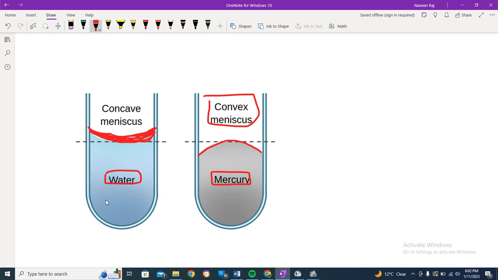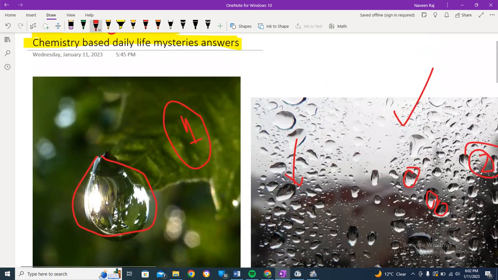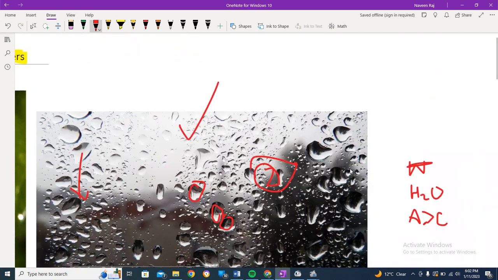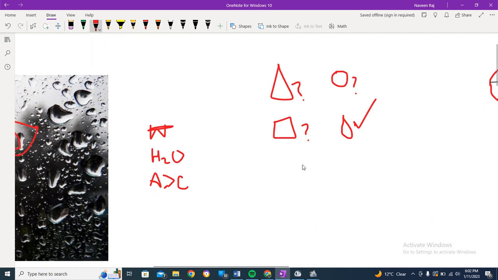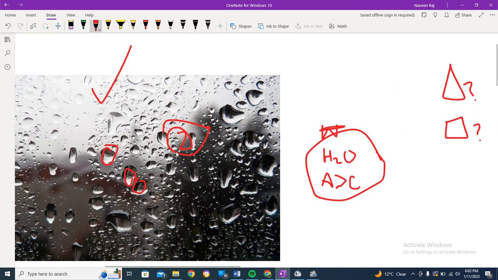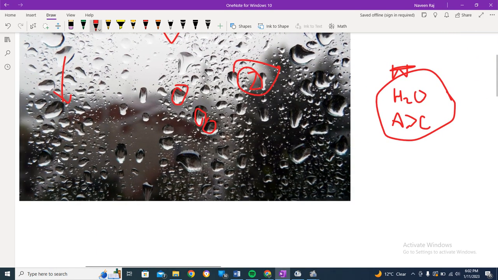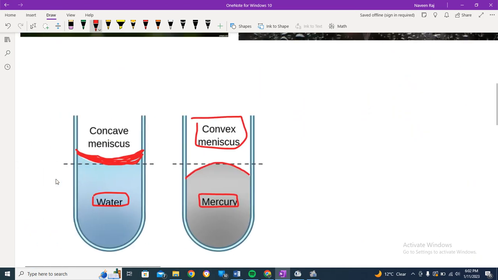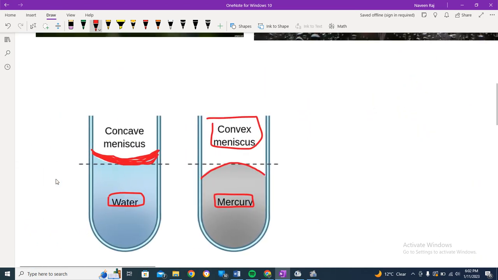If you haven't checked it out, do check it out and you will get to know. In water, the adhesive forces are greater than the cohesive forces, and in mercury the cohesive forces are greater than the adhesive forces. This is the simple reason behind it.